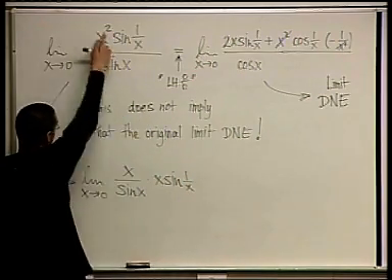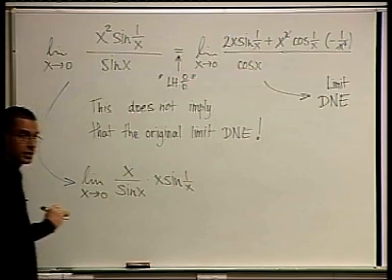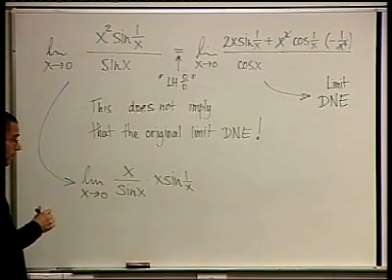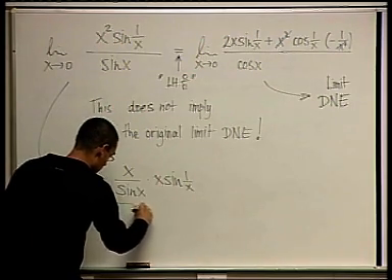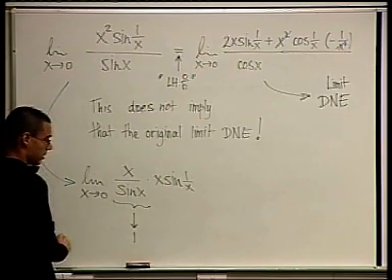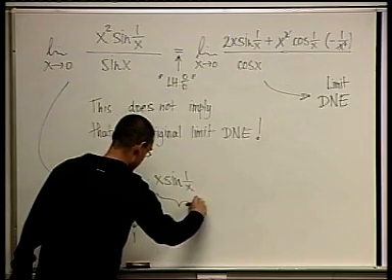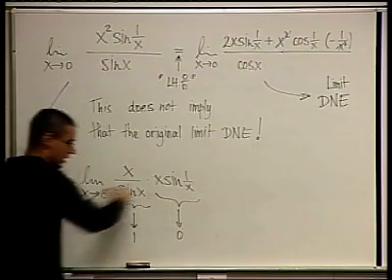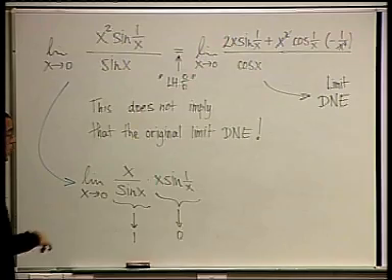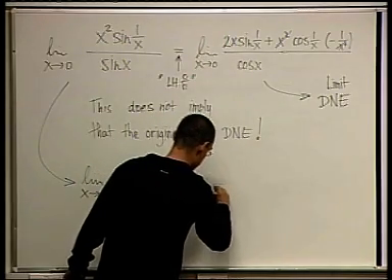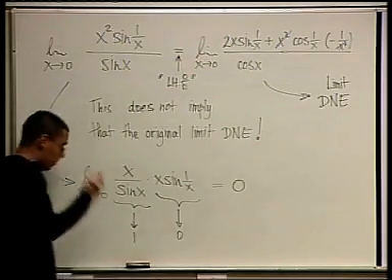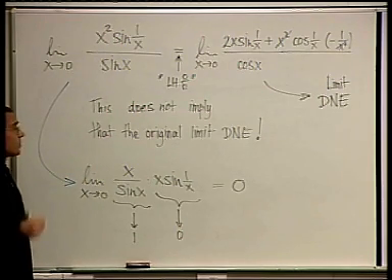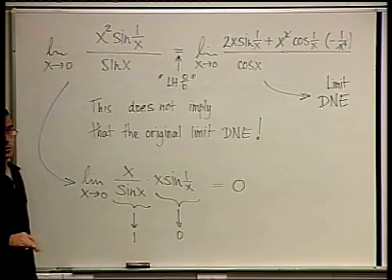I distributed the x squared, one x for here and one x for here. This, we know, goes to 1 as x goes to 0. This goes to 0 as x goes to 0, because this is bounded times x, which goes to 0. So all in all, what is this limit? 0. So the original limit does exist. It's much easier not to even get your hands dirty with L'Hopital.